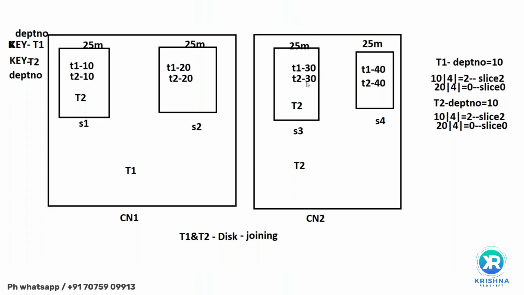Similarly, value 30 from table 1 or T2 will go to the same slice. If two tables are distributed on the same distribution key, matching values will go to the same slice.